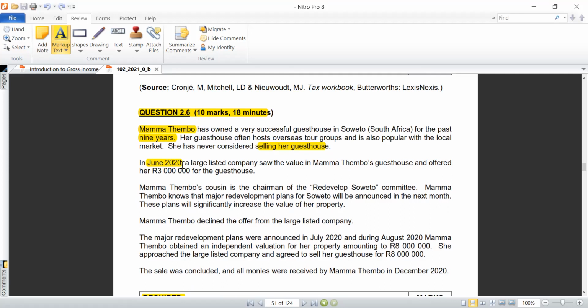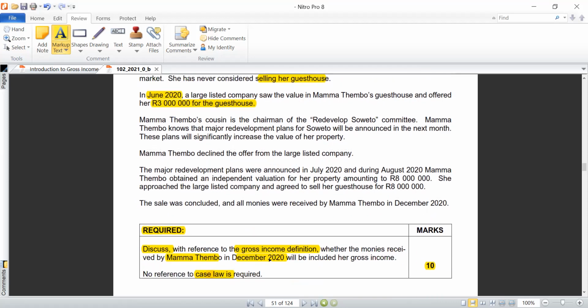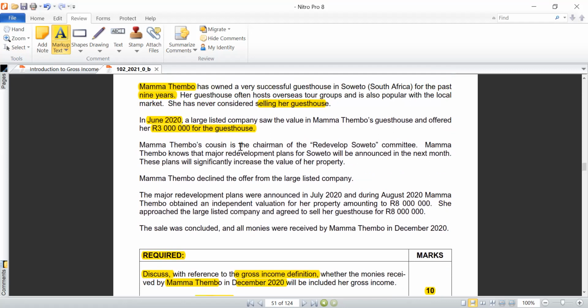Now, in June 2020, a large listed company saw the value in Mama Tembo's guest house and offered her 3 million for it. Mama Tembo's cousin is the chairman of the Redevelop Soweto Committee.